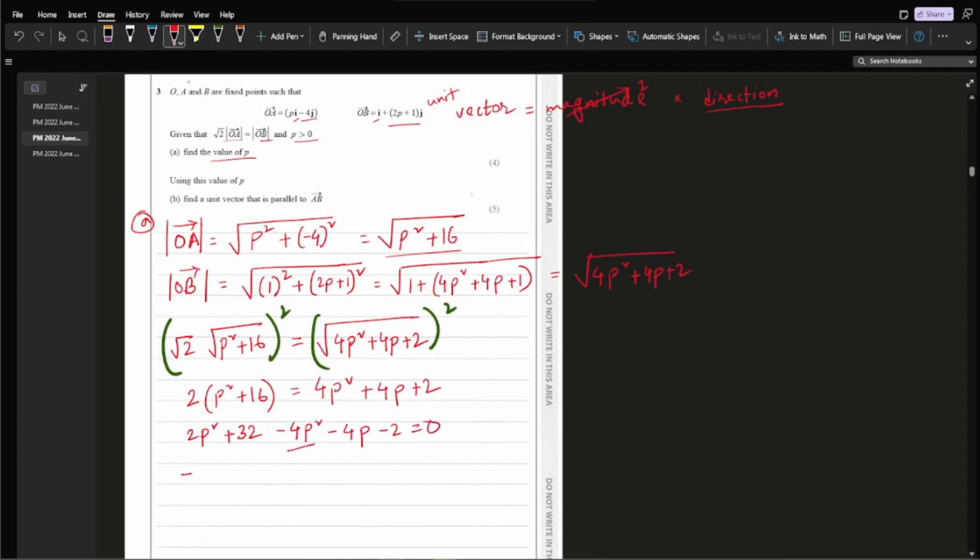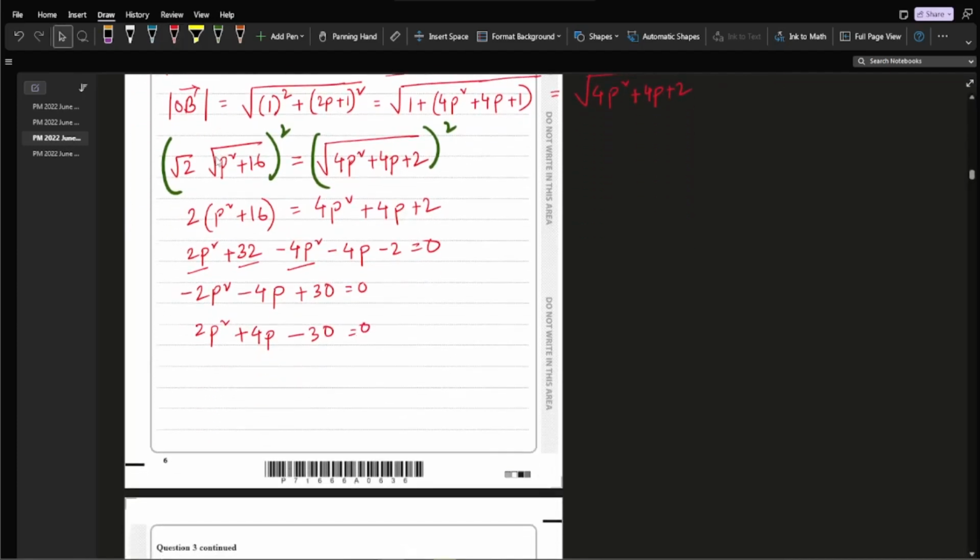So minus 4p squared plus 2p squared, I'm left with minus 2p squared minus 4p, and then 32 minus 2 equals plus 30. I'm going to multiply by minus 1 to get rid of the minus: 2p squared plus 4p minus 30 equals 0. I can divide the whole thing by 2, so I get p squared plus 2p minus 15 equals 0.